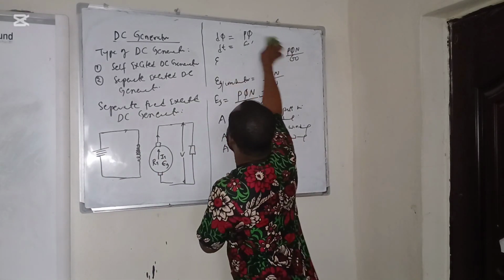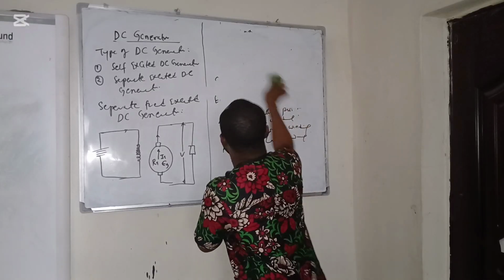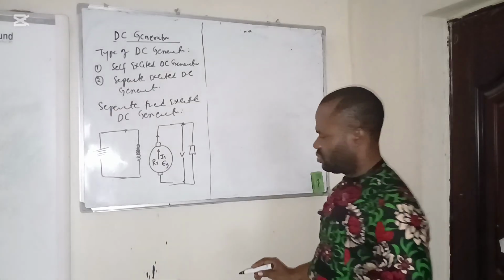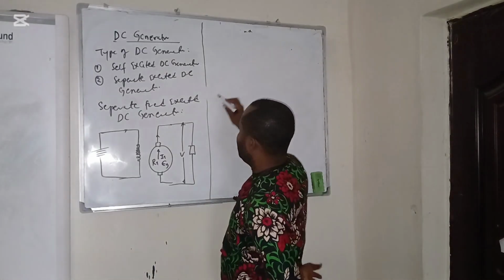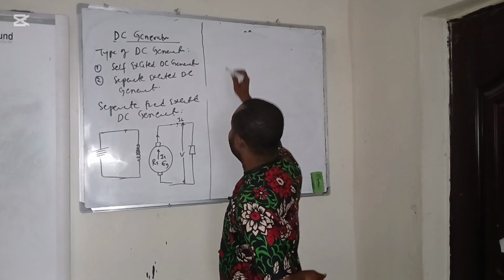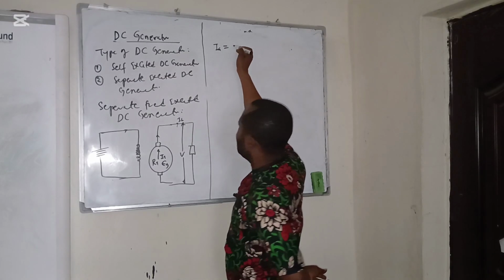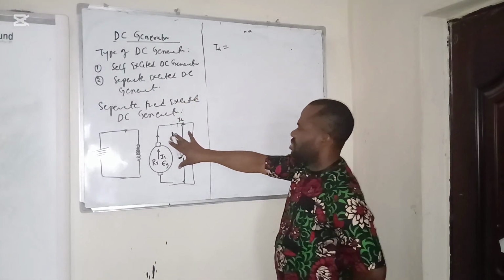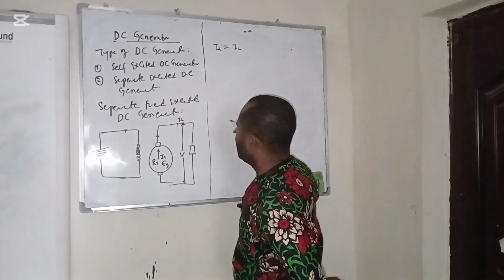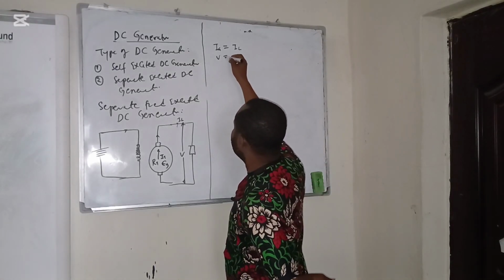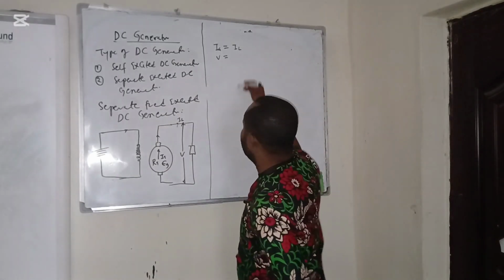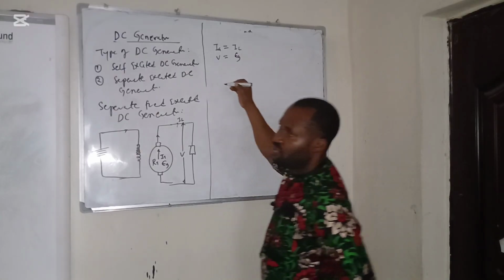So at this point, this is the diagram for the separately excited DC generator. In knowing how to do this, there is a load for us to look for the armature current. The armature current in this system is the same as the load current, and also V is the terminal output voltage, and this has to do with the total induced EMF.